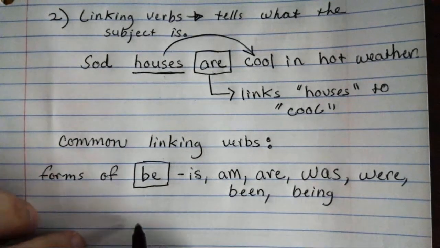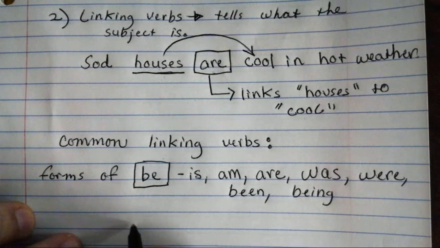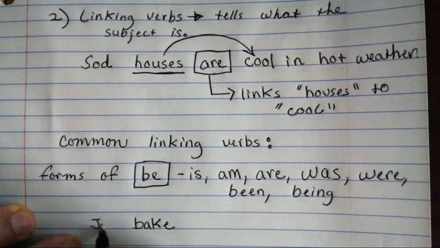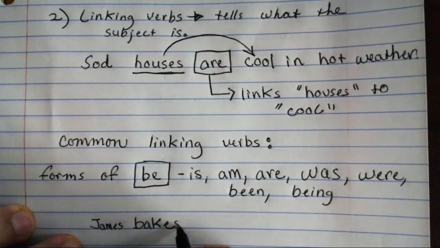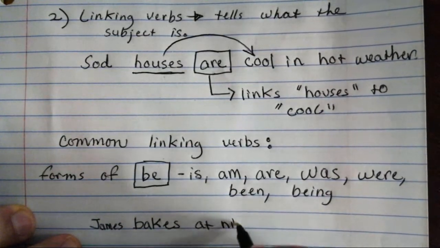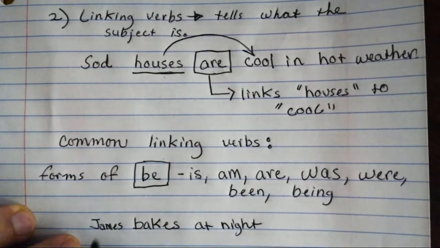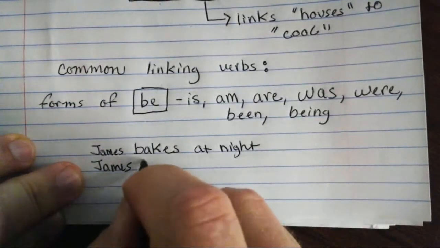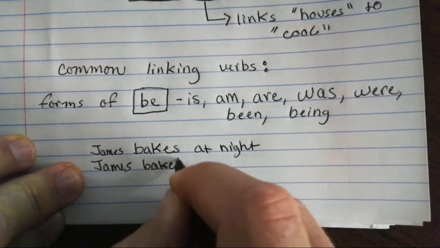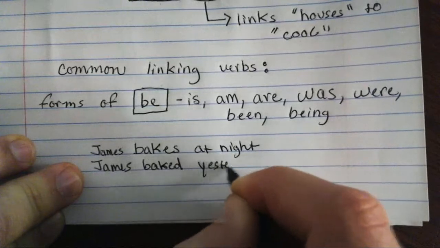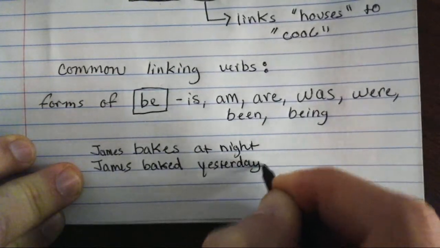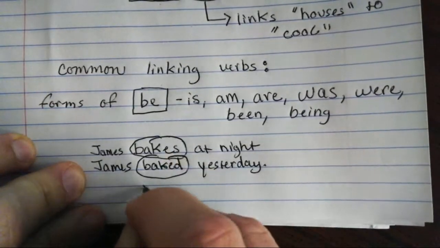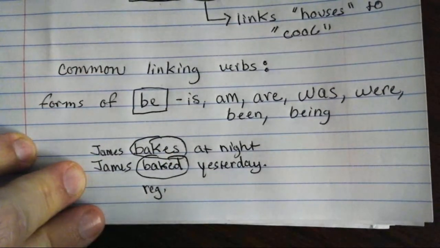Regular verbs, for example, bake. If I say James bakes at night, or James baked yesterday, the verb bake stays the same. That's because this is a regular verb. We're going to go more into this later.